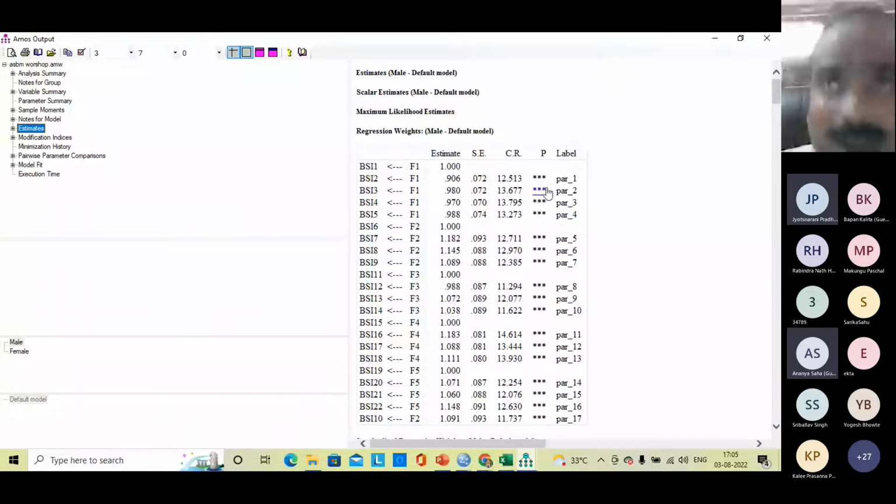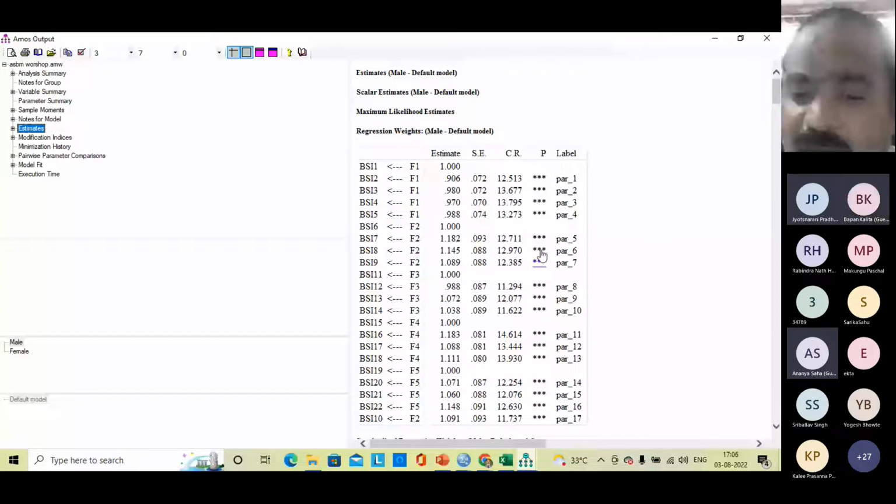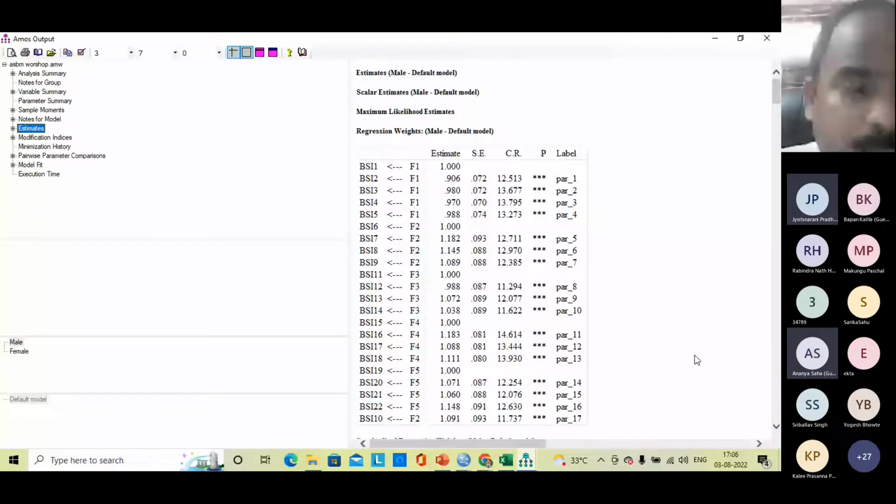That means all the relationships are significant even at the 1% level of significance. Mostly we take 5%, and the strict principle is 1%. All the relationships of my model are significant even at the 1% level of significance for the male.